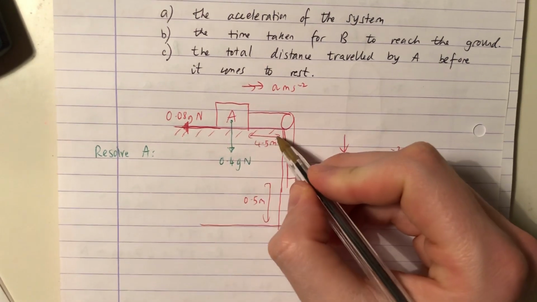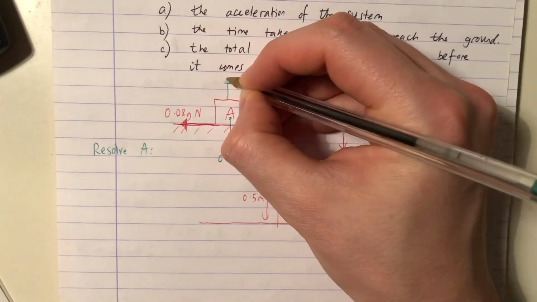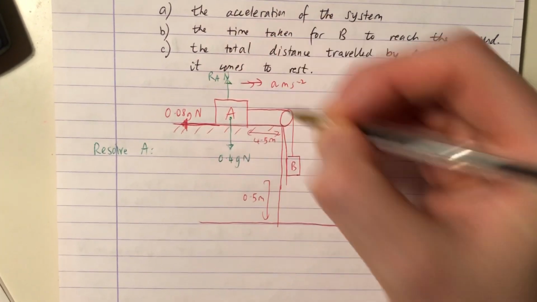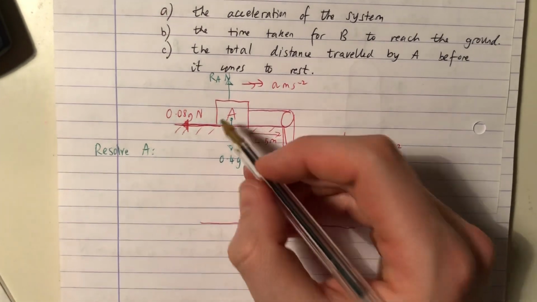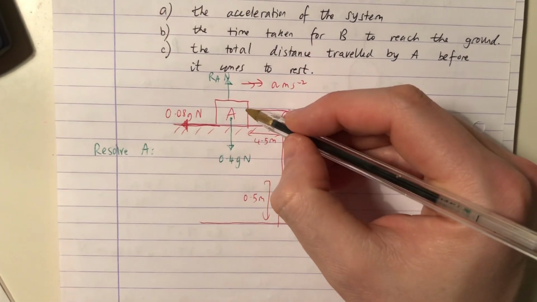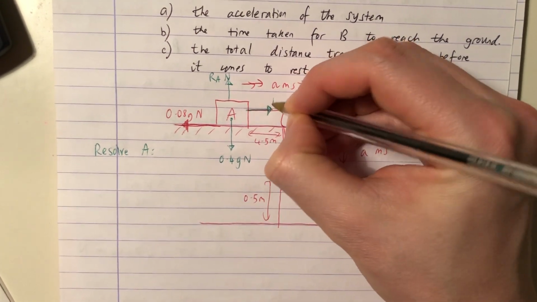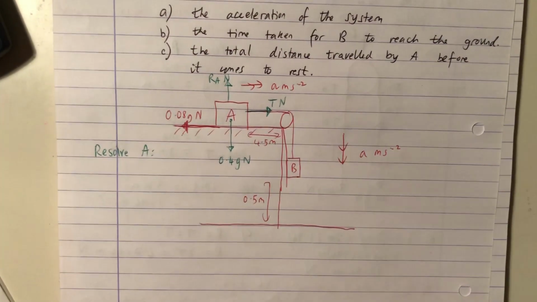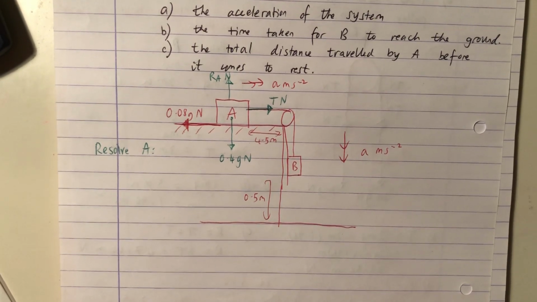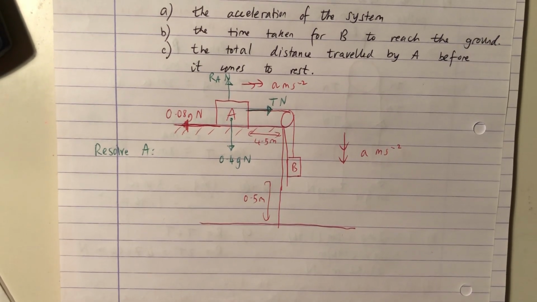It's in contact with the surface. Reaction force, call it RA, newtons. Done the friction, it's already in. It's attached to a string, so there's going to be a tension, T newtons. And that's it. That's the forces acting on object A.